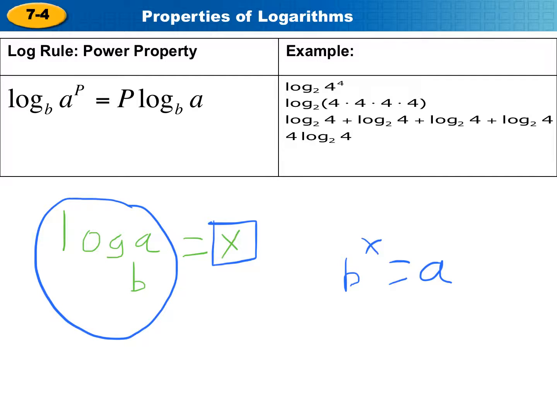Using that definition, log base b of a is an exponent, and then p is the exponent. So we have an exponent raised to an exponent. To simplify an exponent raised to an exponent, we multiply them. So we can move the p out front, and it's p times the log base b of a. Let's look at this in an example, and it might make a little more sense than what I just said.